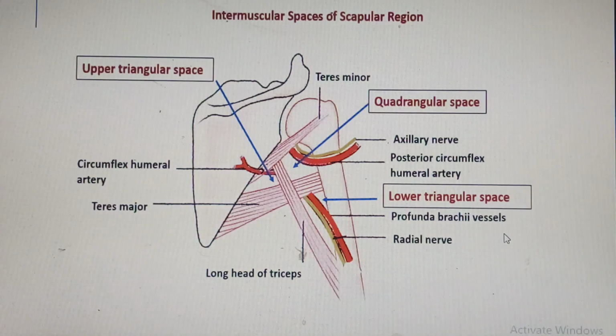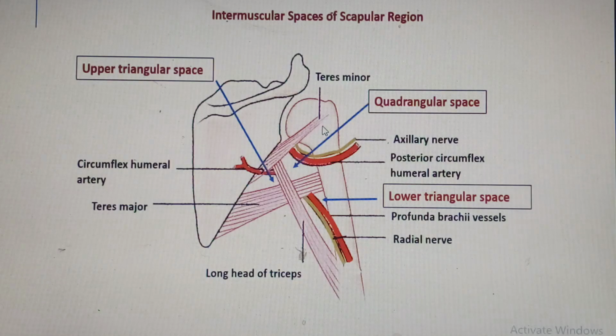So importantly, we have what we call the muscular spaces in the scapular region. You just have to draw the proximal aspect of the humerus, including the proximal shaft, and then of course you draw the scapula this way. Then we know that teres minor originates from the lateral aspect of the scapula, and it inserts on the inferior facet on the greater tubercle of the humerus.